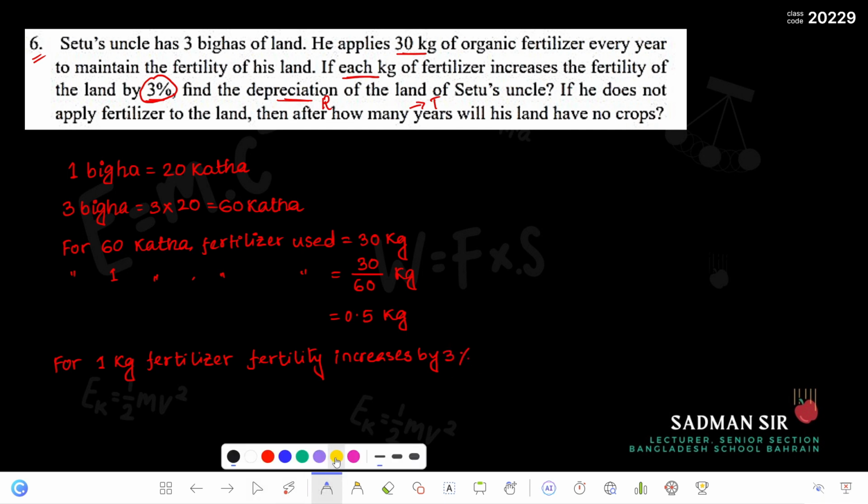Now, are we using 1 kg? No, we are using 0.5 kg. So for 0.5 kg, how much will it increase? So 0.5 into 3% will be 1.5%. Okay, so from here actually we can say how much the rate of depreciation is.